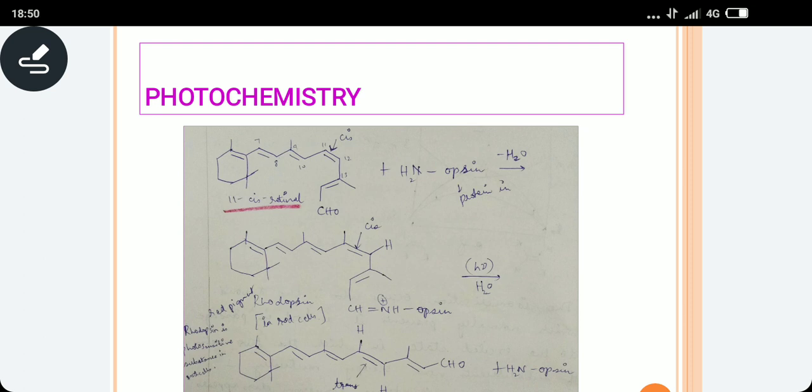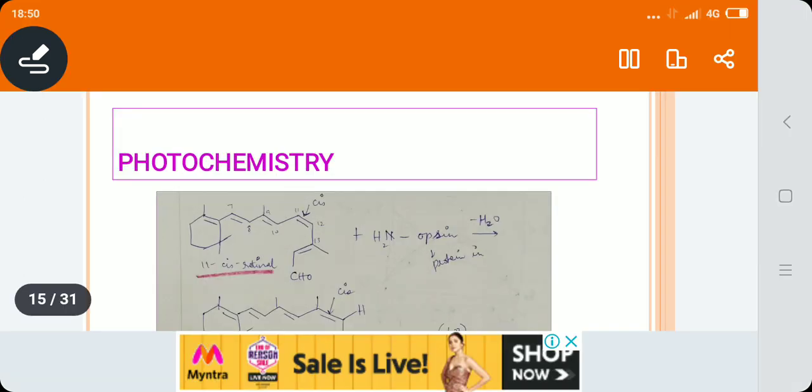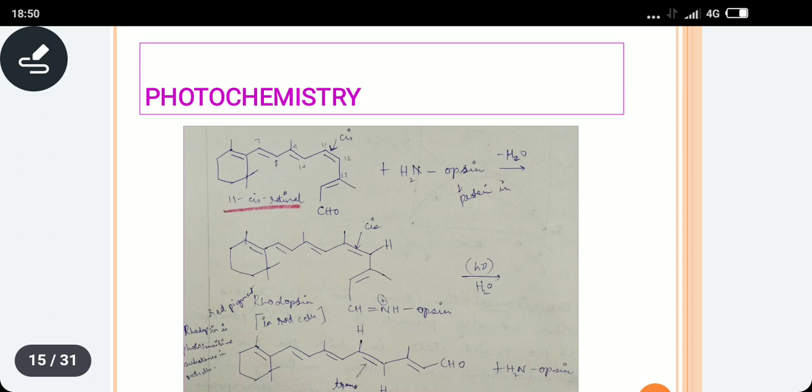Now when 11-cis retinal, a structure with an aldehyde group, reacts with opsin, you can see here there is an amine group linked to it. When an aldehyde reacts with an amine, they form a product with dehydration, the removal of a water molecule. You can see how an imine group is formed.